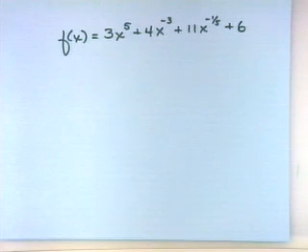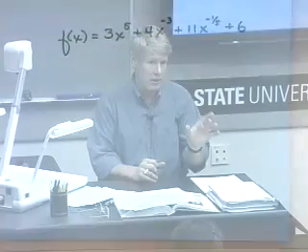Could we take the derivative of that? Well, it's a sum, so we can. The nice thing about a sum is we can take the derivative of each piece and then add our result together. Derivative of a sum is the sum of the derivatives.